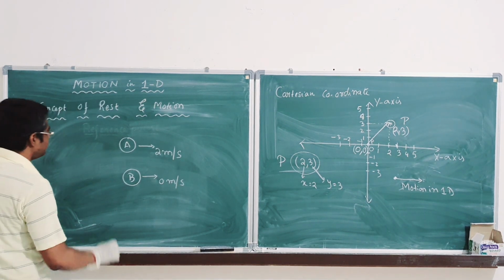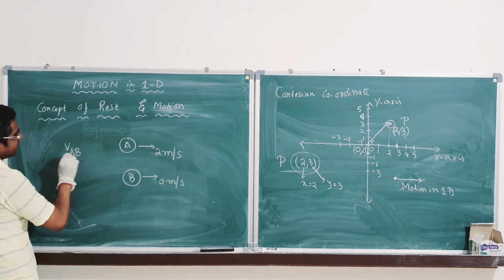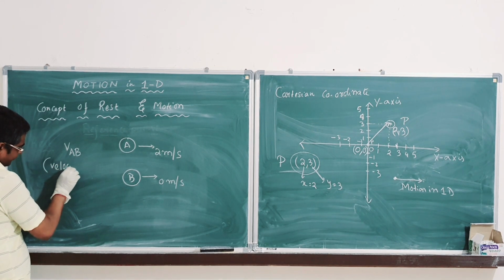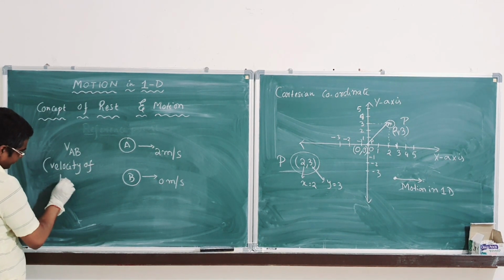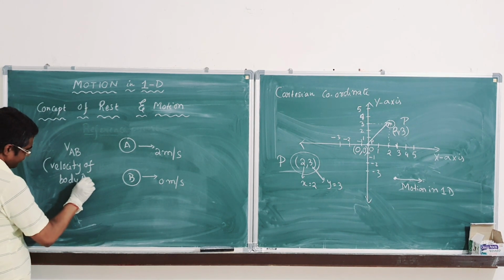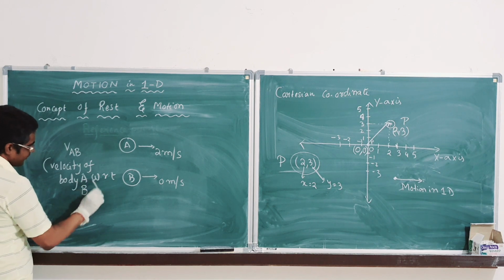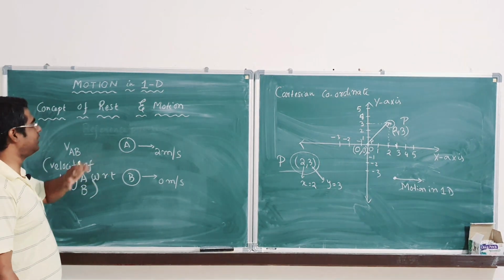Now what is the velocity of body A with respect to B? With reference to B, what is the velocity of A?